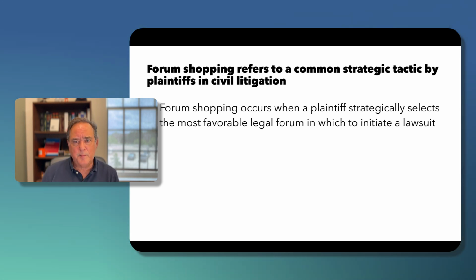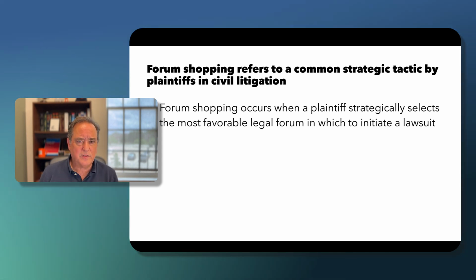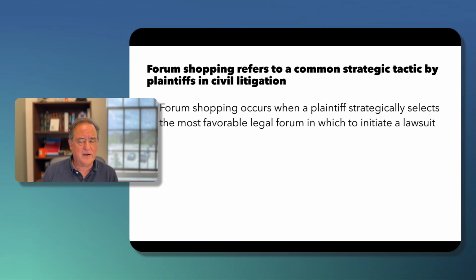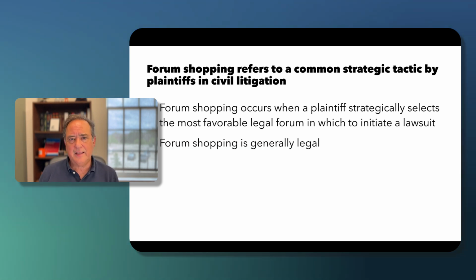For instance, there have been a number of lawsuits in recent years, things involving national issues like immigration or abortion or LGBTQ rights, that have all been filed in the Amarillo division of the Northern District of Texas. Why is that? Because there's only one judge that will hear that case, and that judge is going to be very predisposed to your position. And so we see forum shopping constantly, and it is legal.